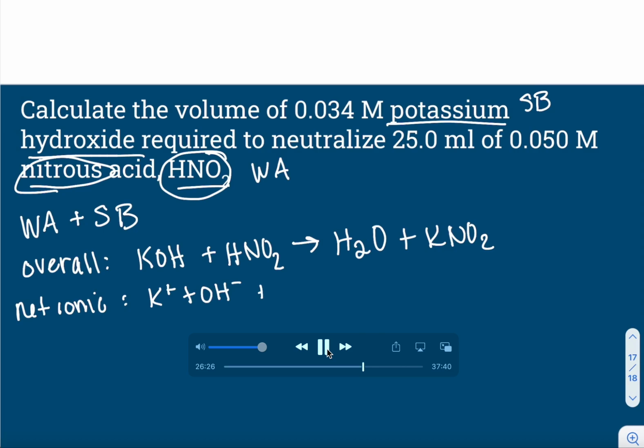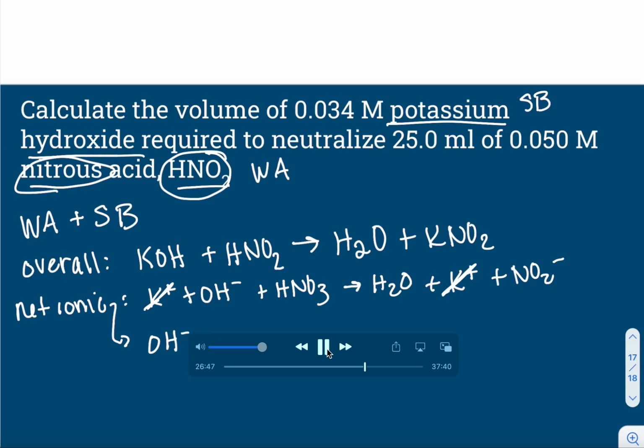That is a strong base. But the weak acid stays together. So then we have H2O, which still stays together, plus K+ and NO2−. Now the only thing that cancels out is the K+. So your net ionic is going to be OH− plus our weak acid gives us water and just the nitrite ion.